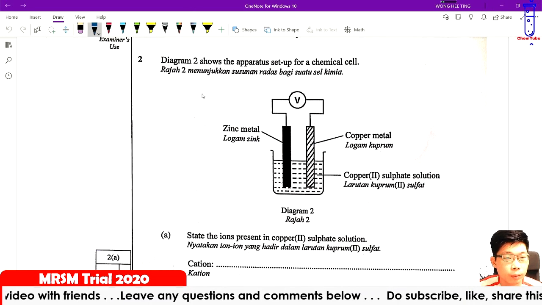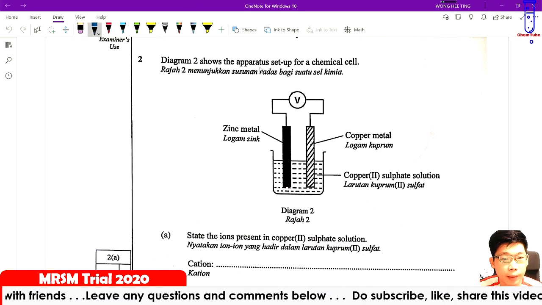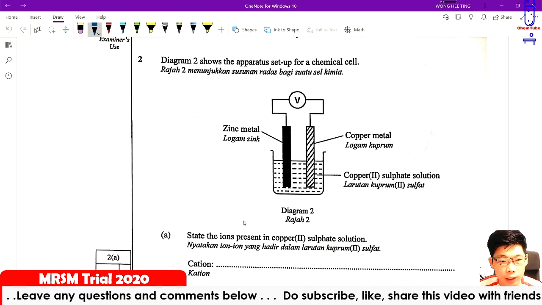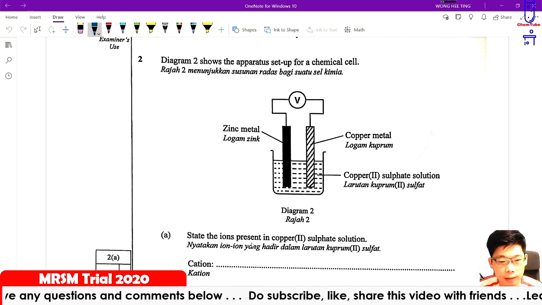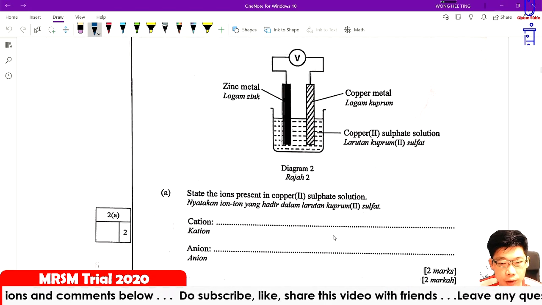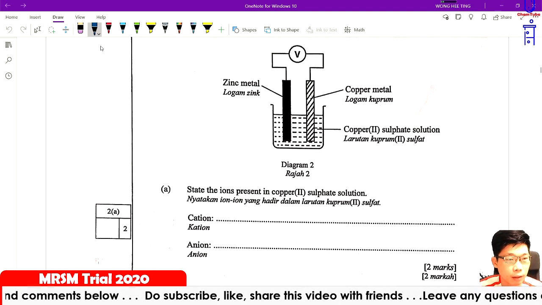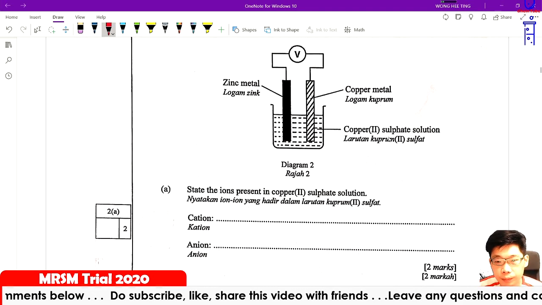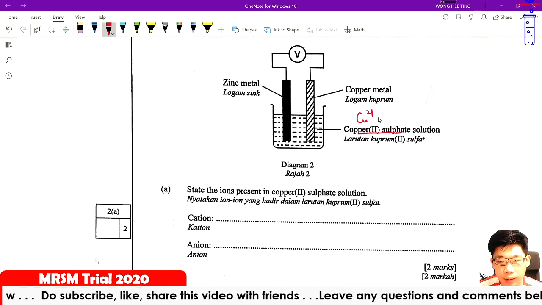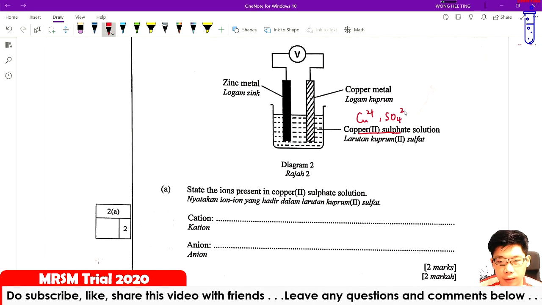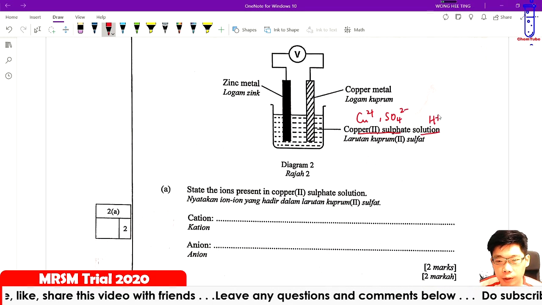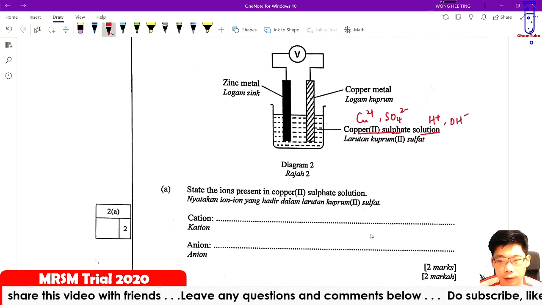Question number 2. Diagram shows the apparatus set up for a chemical cell. So question number 1, state the ions present in a copper 2 sulfate solution. So copper 2 sulfate contains the copper and sulfate ions. In the solution, it contains the hydrogen and hydroxide ions.